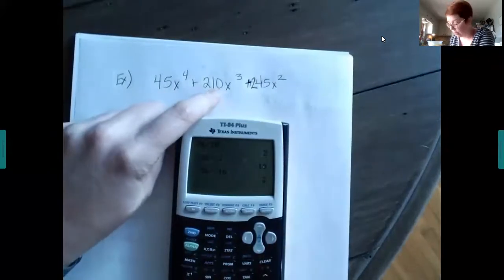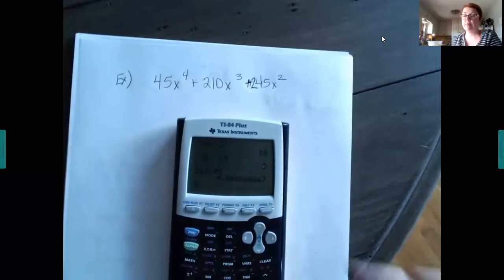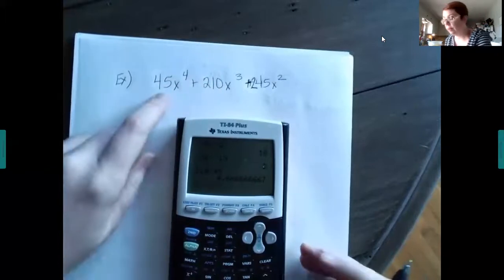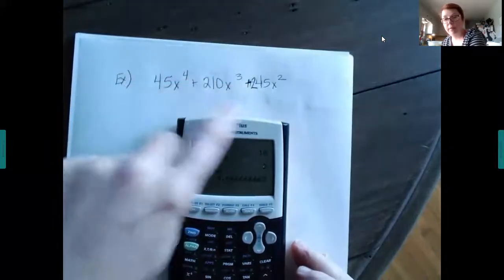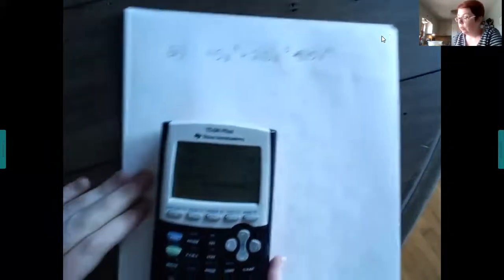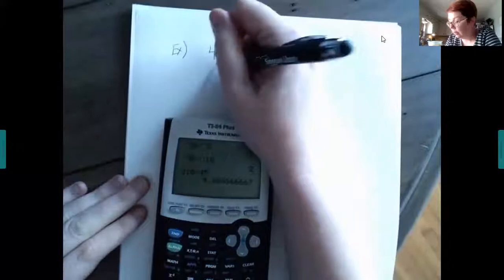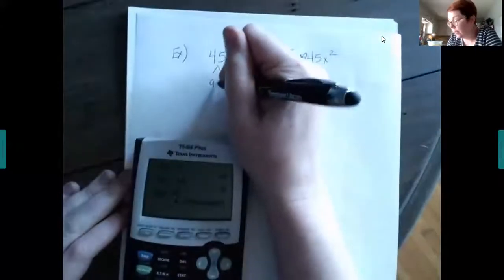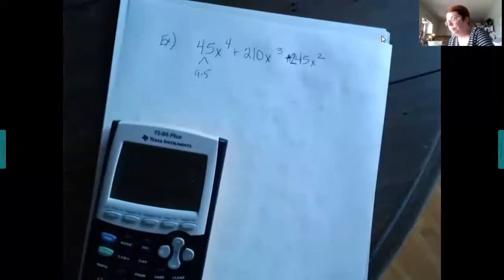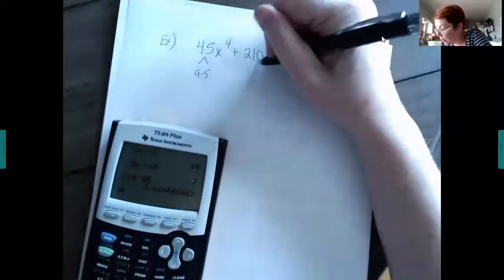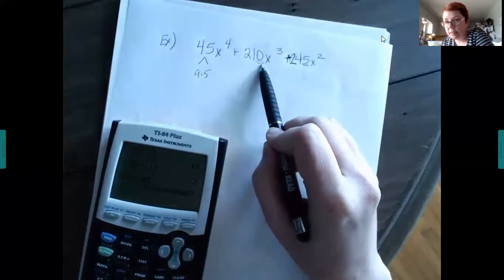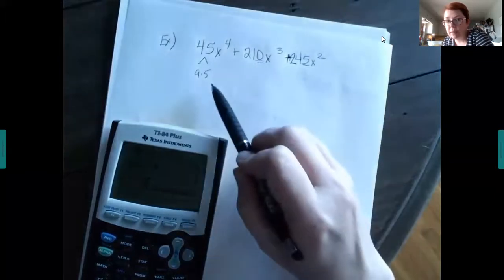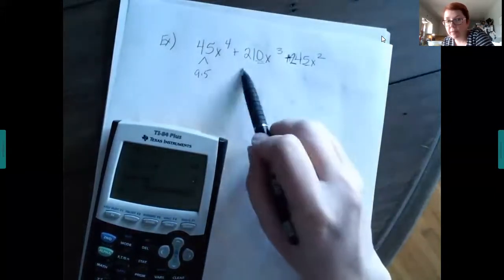So can I take 210 and divide it by 45? No. Okay. So that means I'm going to have to think of factors that I can divide everything by. So the way to get 45, again, 9 times 5. If I look at these back numbers, I know since this is a 0 and this is a 5, I can divide these by 5.